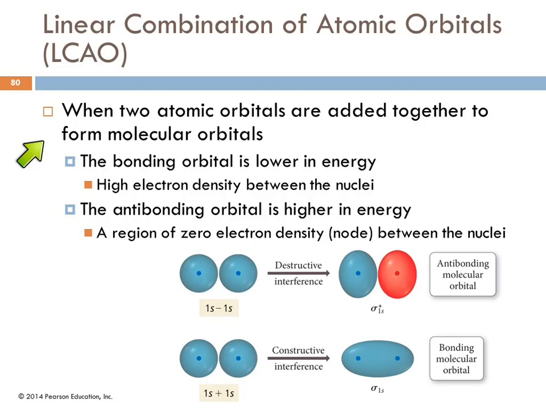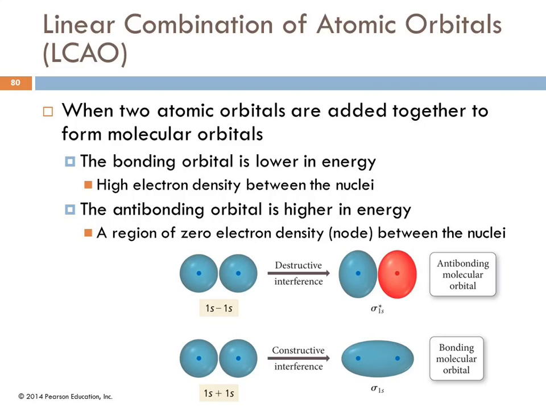So this kind of summarizes. When we have two atomic orbitals added together to form molecular orbitals, the bonding orbital is going to be lower in energy. It's going to have high electron density between the nuclei. So here's constructive interference between these two waves, and this gives us something that's lower in energy, and there's a lot of electron density between the atoms, and that's going to hold them together.